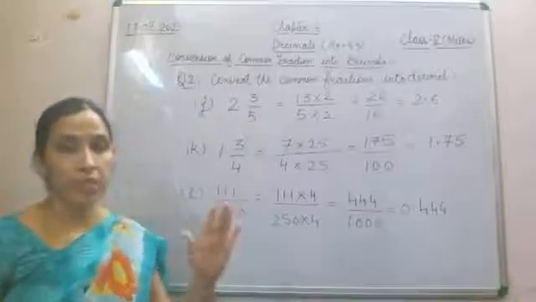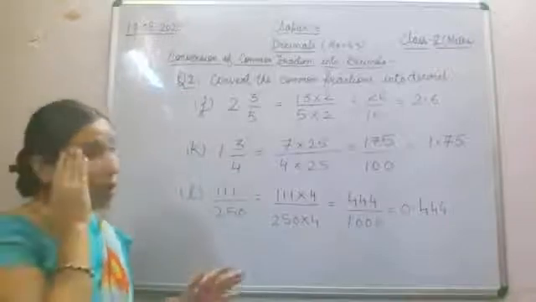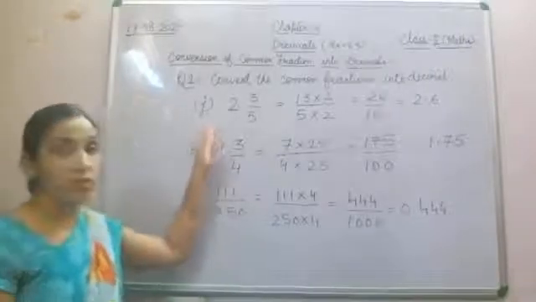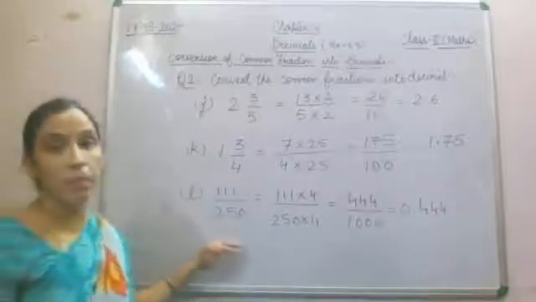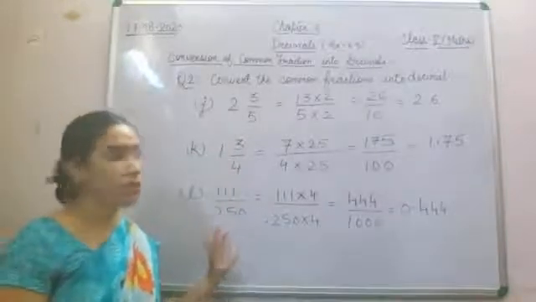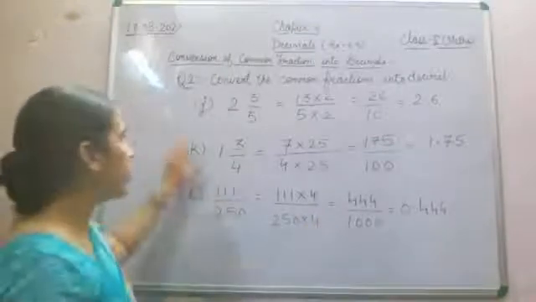So let's revise the J, K and L questions which we have done just now, because in J and K you have been given a mixed fraction, and in L you have been given a little bit bigger fraction which we are supposed to convert into decimal form. So what is there in the J part?